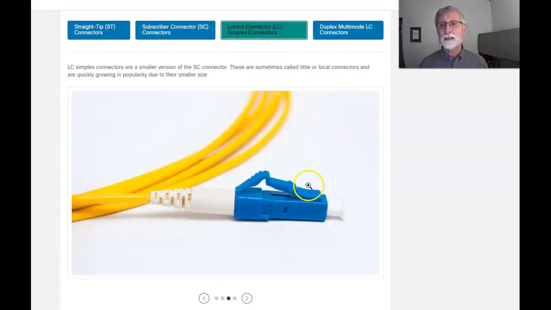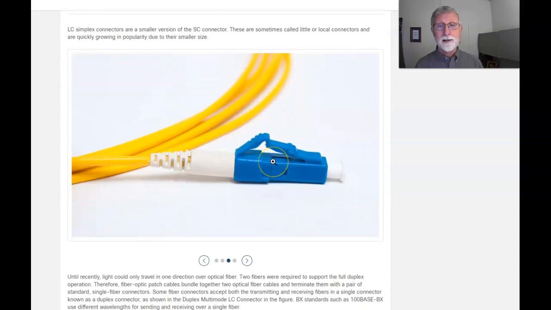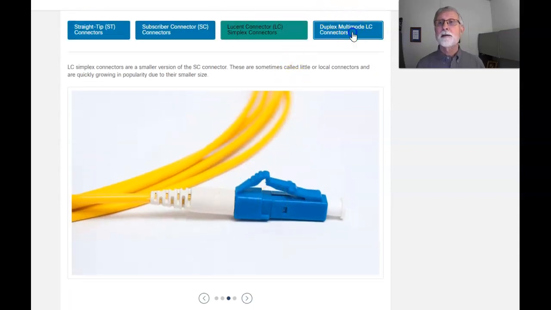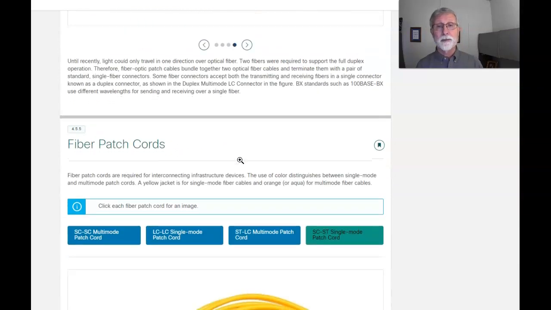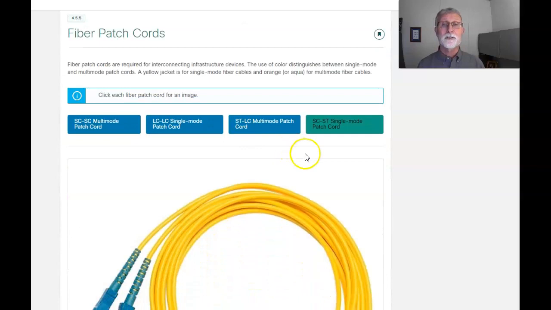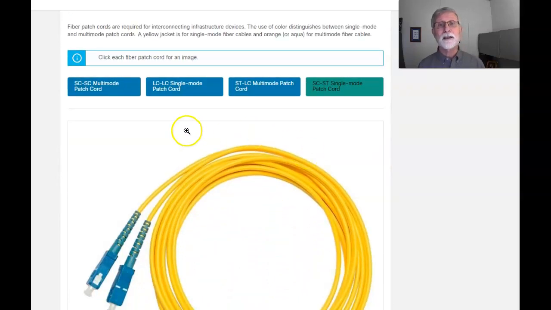You've got a Lucent connector. This is similar to an Ethernet connector that allows you to hold it in place. It's smaller in size, but you still have to make sure you hold it in place. And then you get duplex, where you've got a similar holding connector, but you've got 2 different cables on it. Now, since you've seen different connectors, guess what?